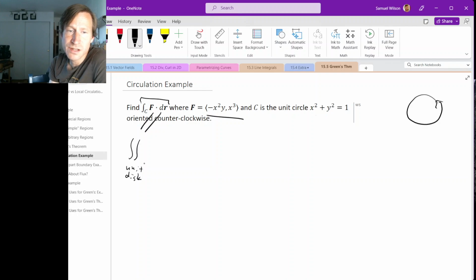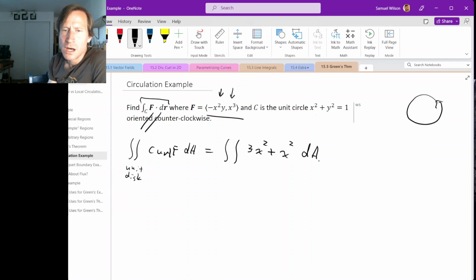We can integrate over the unit disk the curl of F. And this might be simpler. So let's see what that would look like. The curl of F is going to be partial N partial x, so 3x squared, minus partial M partial y, so plus x squared dA.